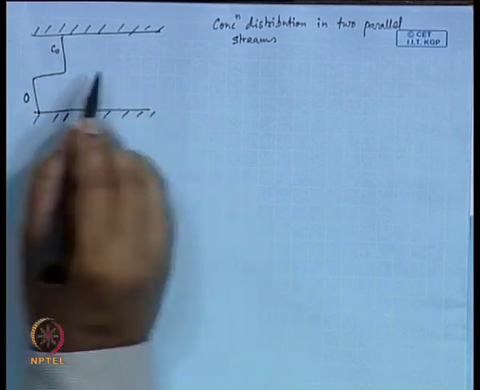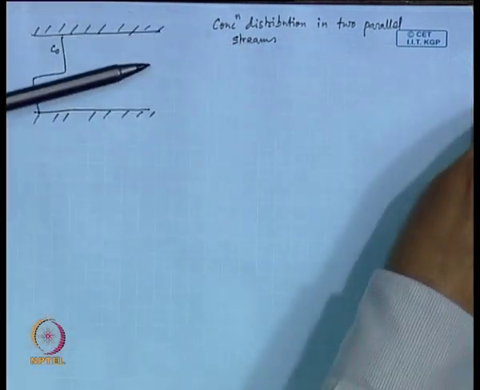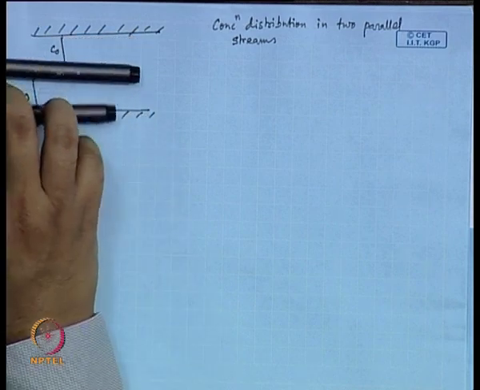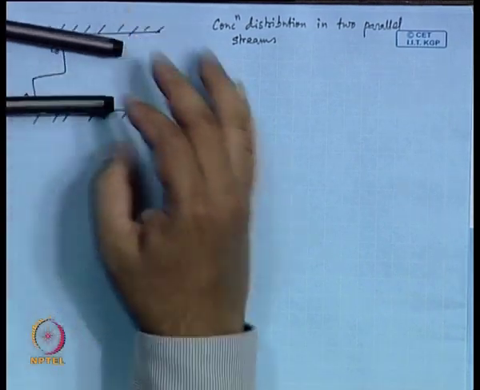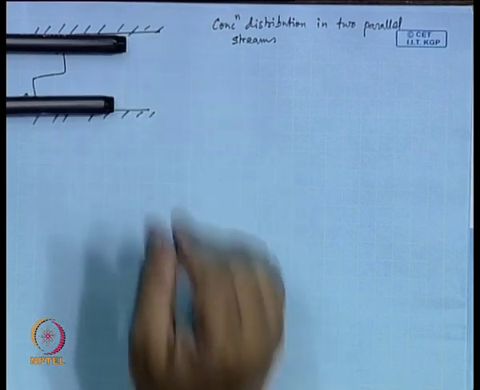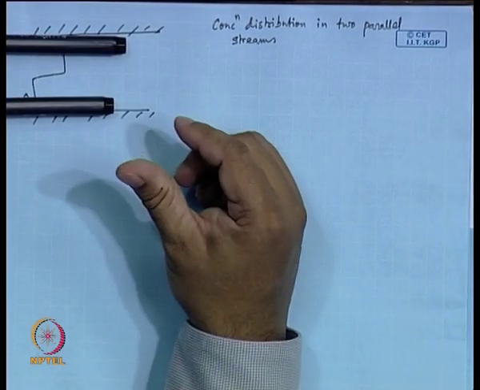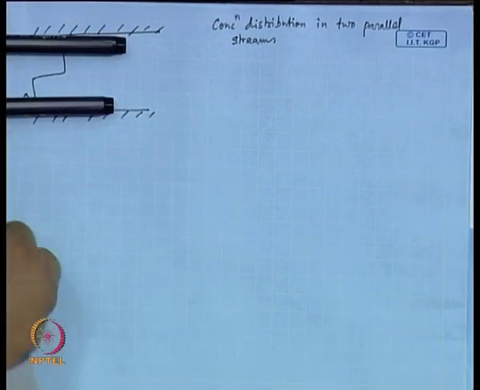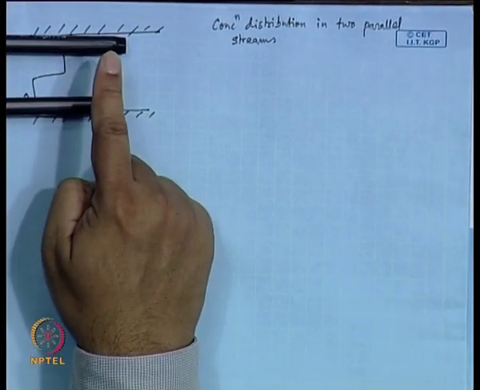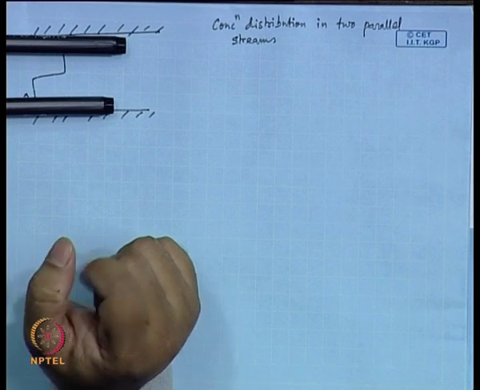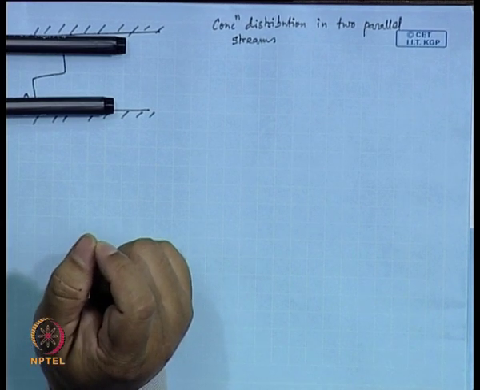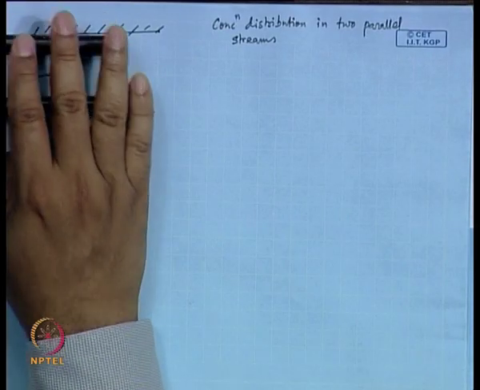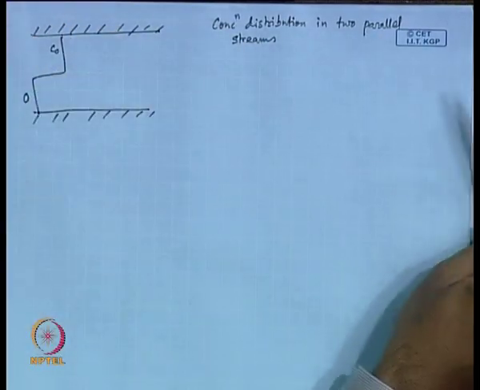So, I have two parallel streams flowing here side by side, and they are interacting with each other by diffusion. One stream, the upper stream, has higher concentration: the concentration of a solute in the upper stream is C0, and in the lower one it is 0.